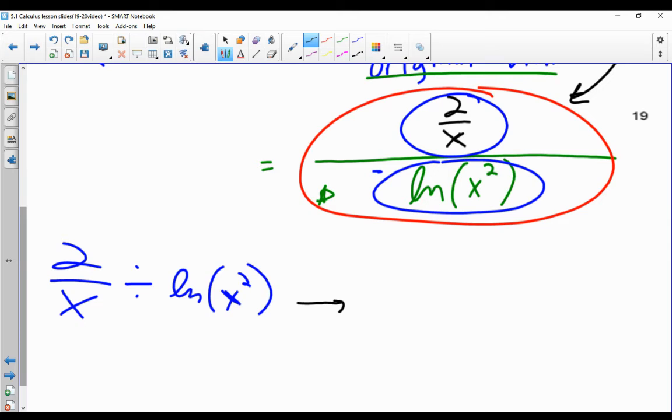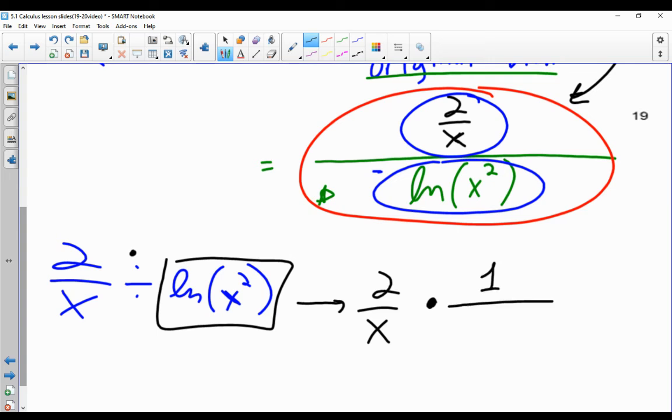Now, if you rewrite it that way, it looks a little bit more pretty, and it helps us a bit. As you remember, I can change that division to multiplication, but with one twist. The twist is that I need to flip the second part. Rewrite that as 1 over natural log x squared.